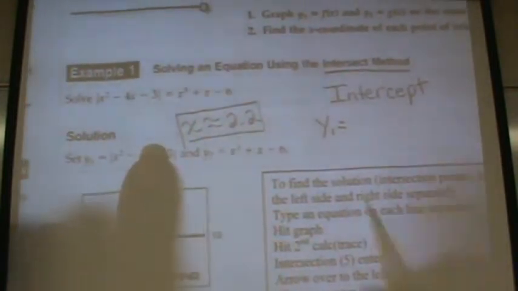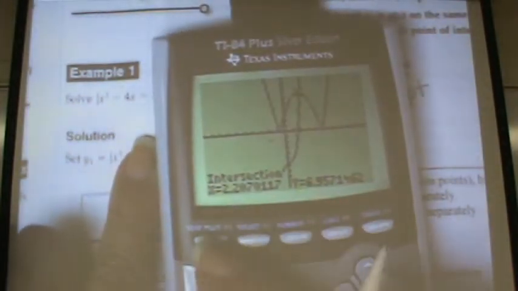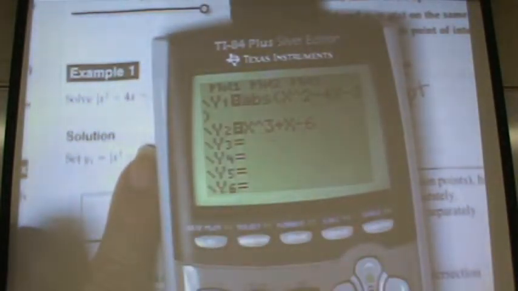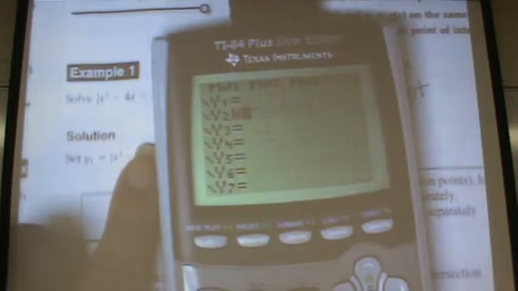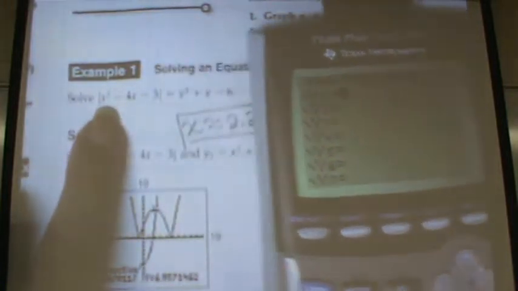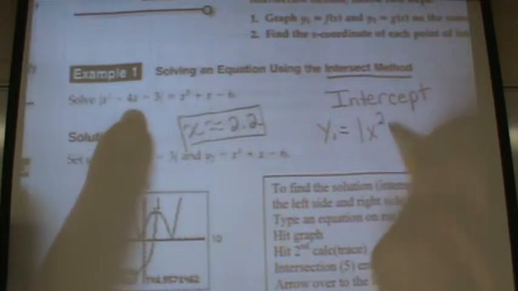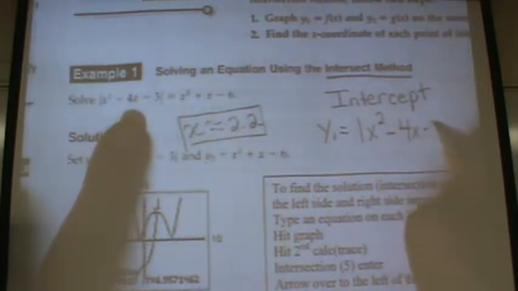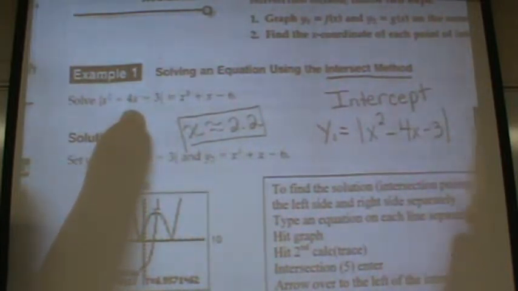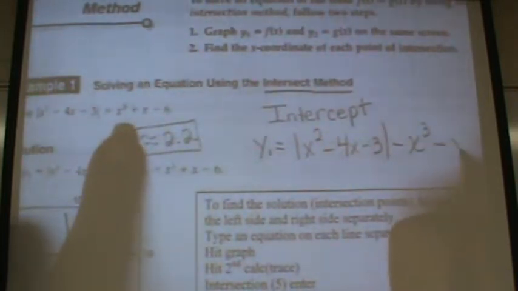On your calculator, go back in and clear out those equations. Go to Y1 and clear it out. Under Y1 or Y2, it doesn't matter, type in the absolute value: math, num, abs, x squared minus 4x minus 3, absolute value, so parenthesis, and then minus x cubed minus x plus 6.